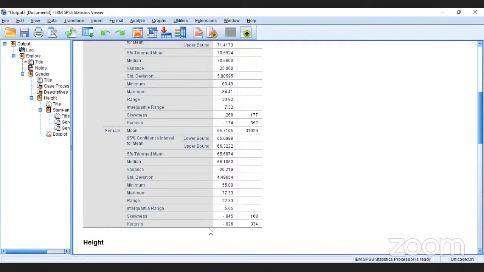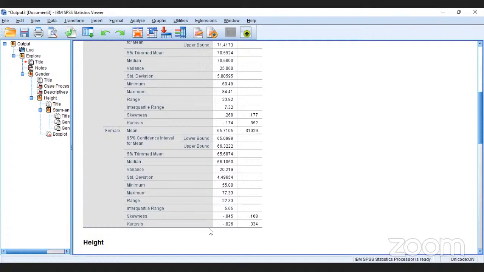Do we get that? Now, generally, for men, the majority of the respondents or the scores will be above the mean. That's why we see that. But for women, we tend to have more short women than tall women. Do we get the difference? Yes.